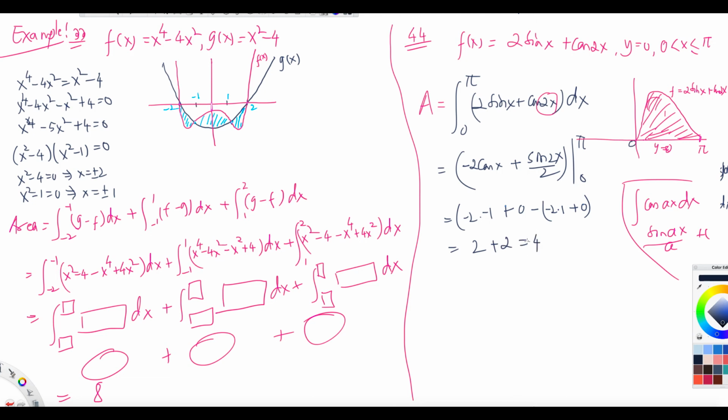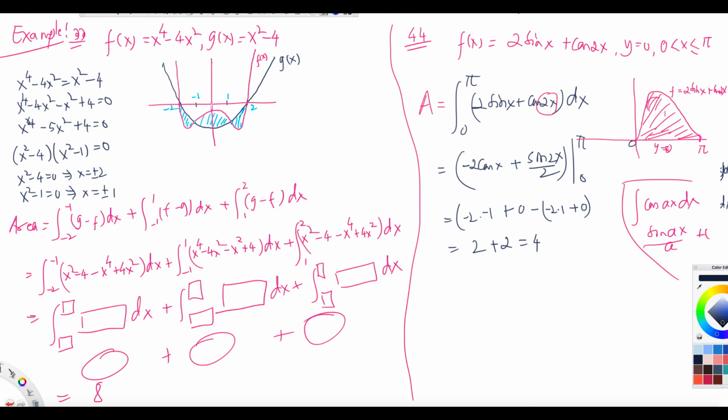That's what you get. Okay, so there are some questions like 37 through 42. There are different types of problems there. You can basically do them similarly, just do f(x) minus g(x). For example, on question number 39, 2 sine x is f(x), and the other function is tangent x.